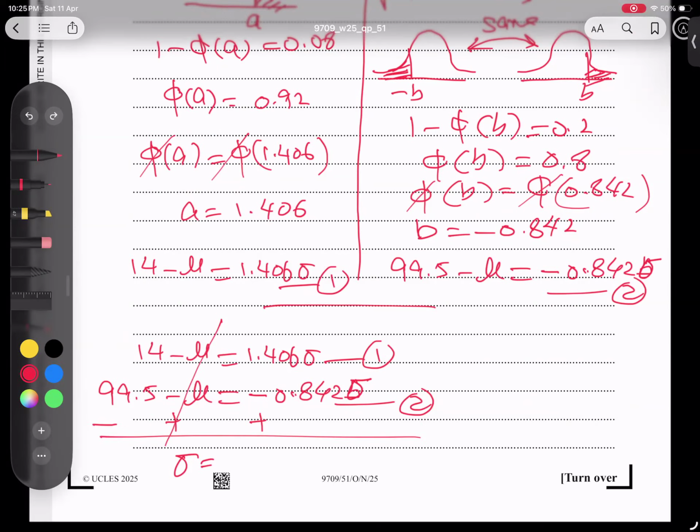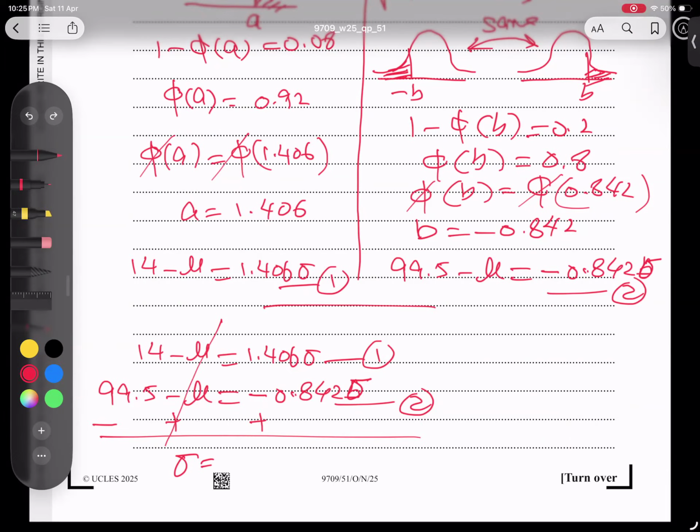So if I subtract 99.5 minus 14 and divide by 1.406 plus 0.842, what do we get? Hold on, let me check once again. 99.5 minus 14.